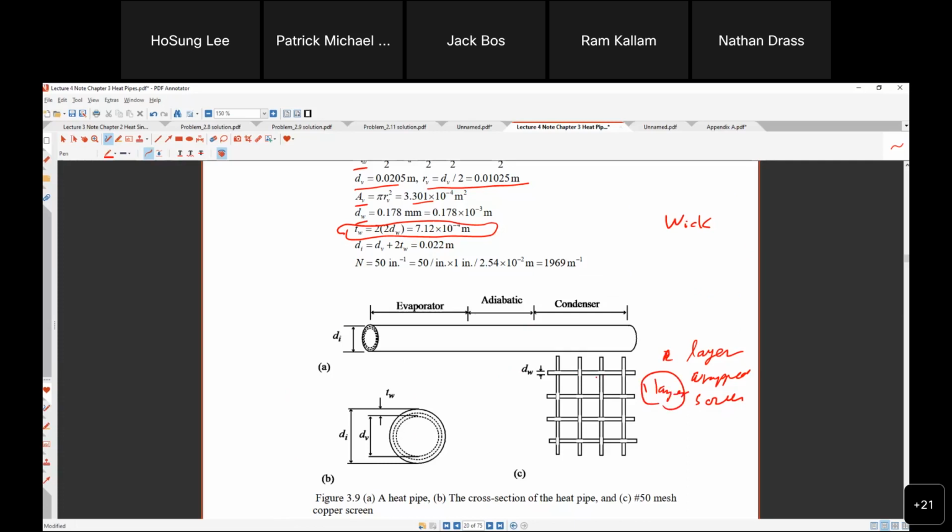So what is one layer? It says here that the wick thickness is 2 dW times 2. What is the dW? It is a wire diameter times 2, and then another times 2. Anyone? What happened?